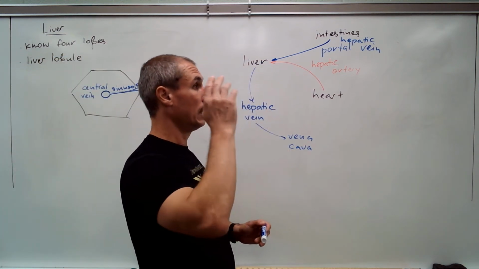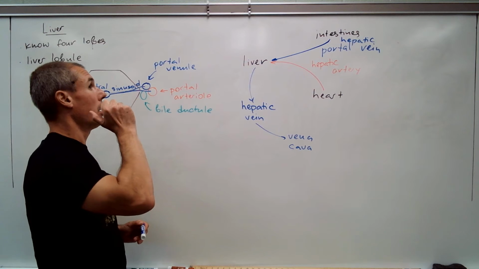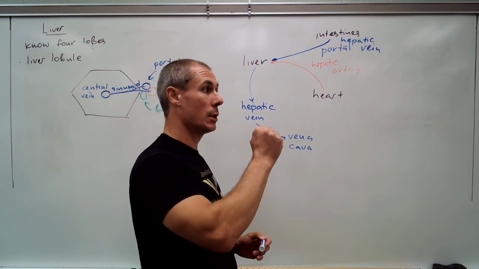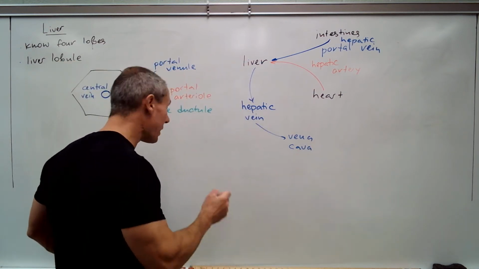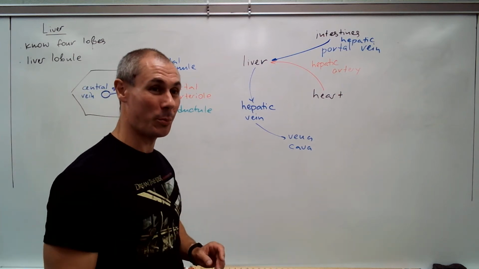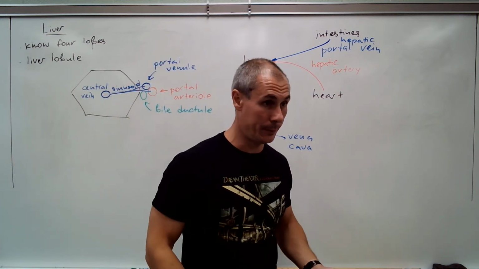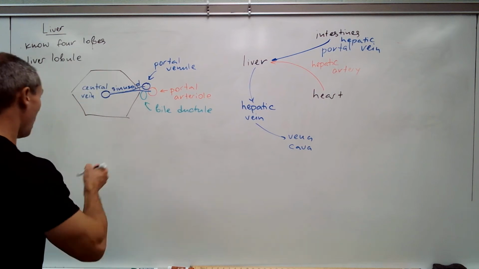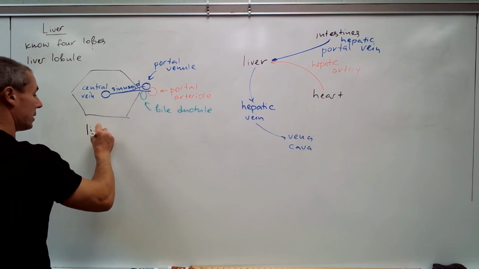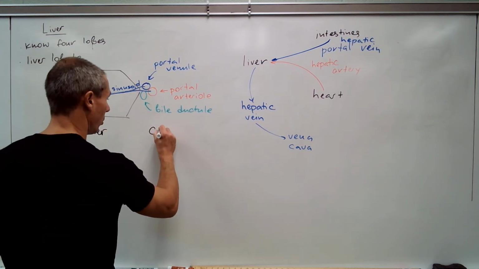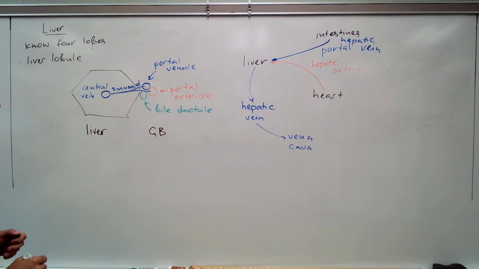So that's the blood flow. Now, the main contribution of the liver to the process of intestinal digestion is bile. You have two organs that deal with bile: the liver and gallbladder, right?